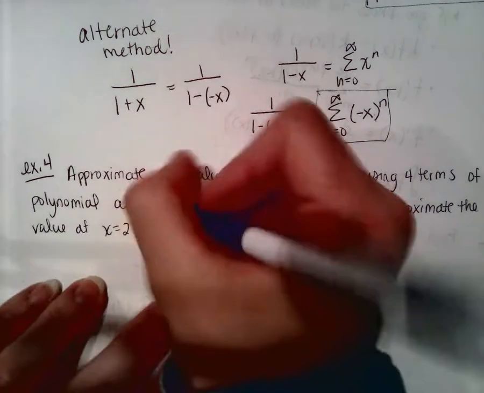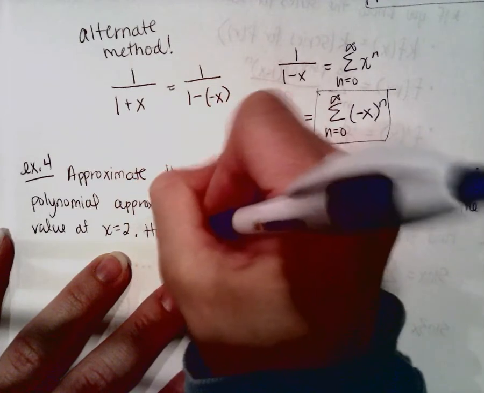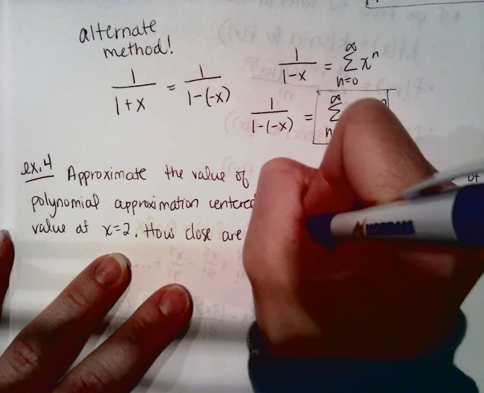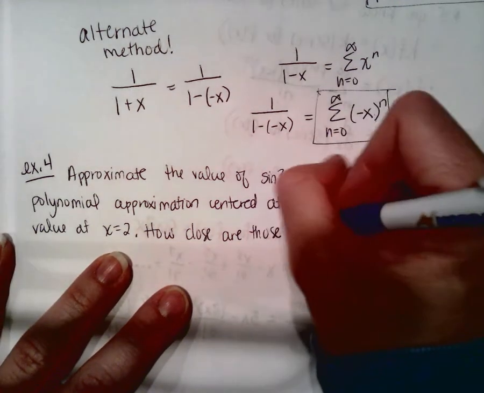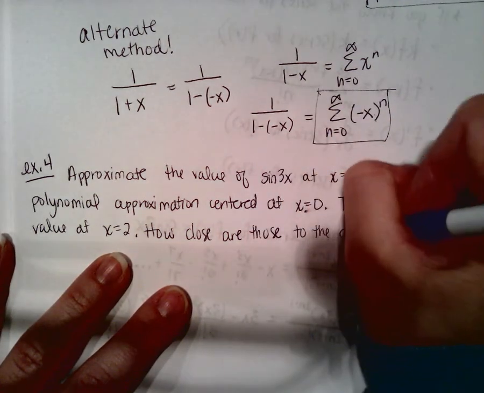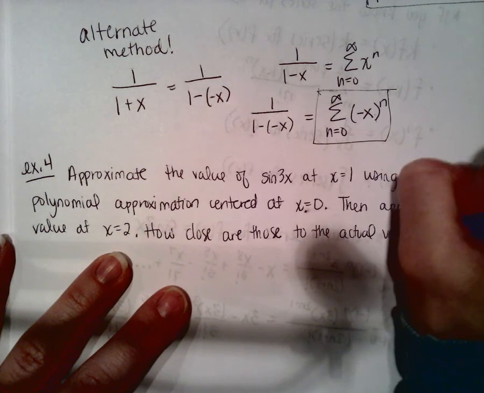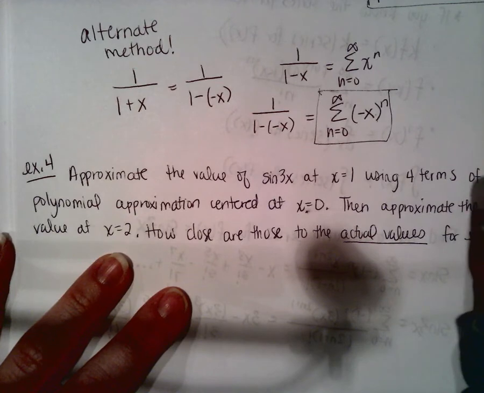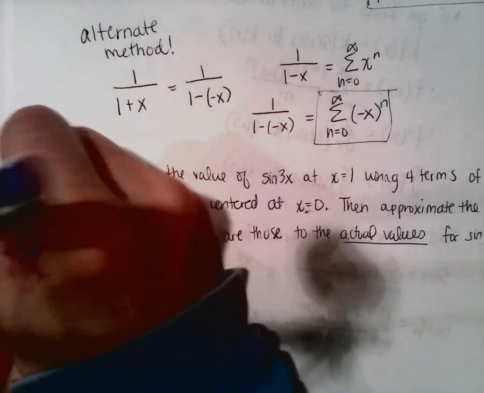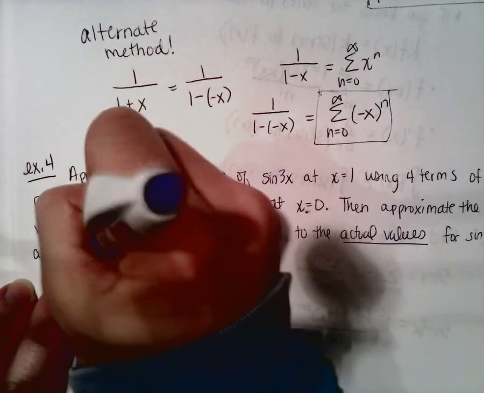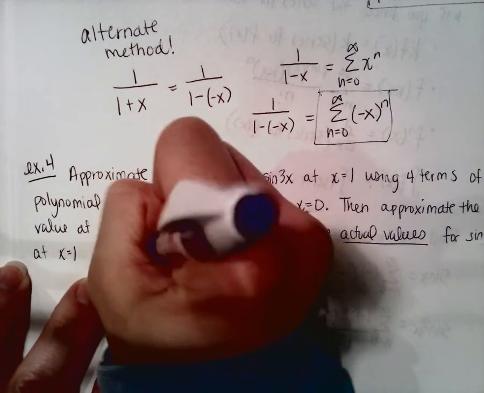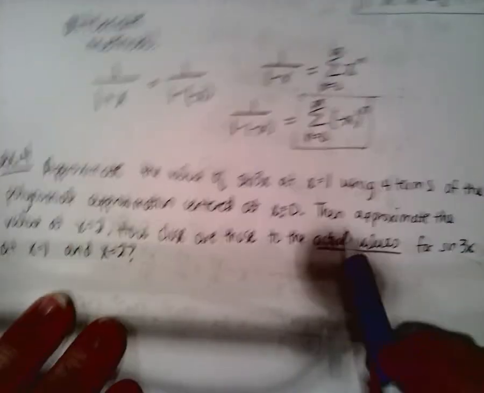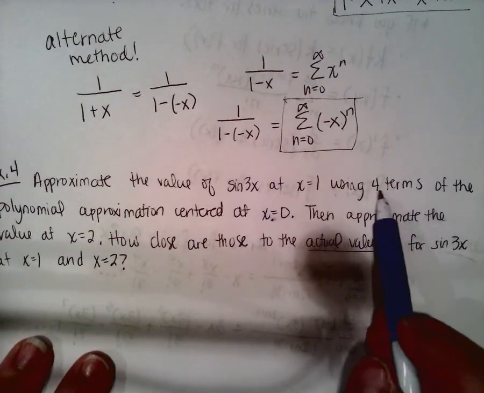So the question is, how close are those to the actual values for sine 3x at x equals 1 and x equals 2? Basically, so how good was our polynomial approximation when I just have 4 terms? Remember, the more terms you have, the more accurate it will be.